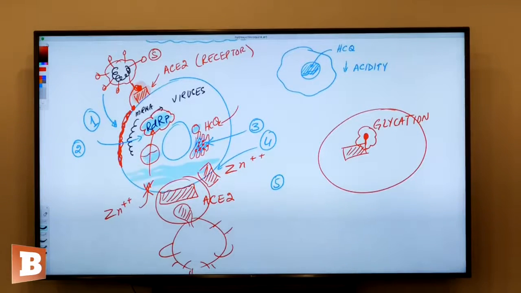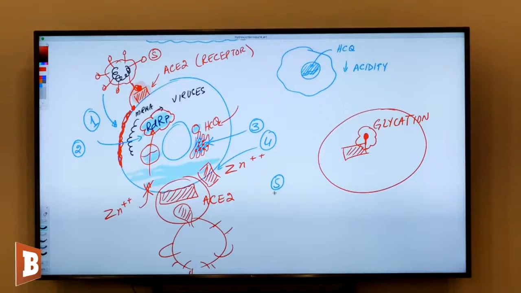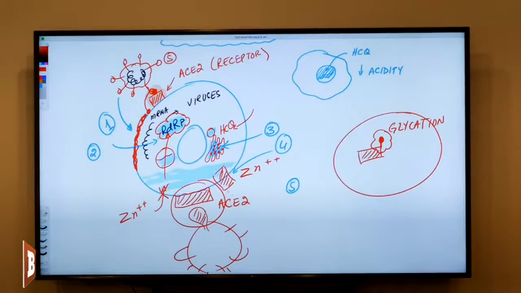So if you now look at it, on one end, hydroxychloroquine would not allow an efficient binding of the coronavirus with our cells. Secondly, it would not allow the coronavirus to fuse with our cell membrane to allow its cargo, that is RNA, to enter the cell.